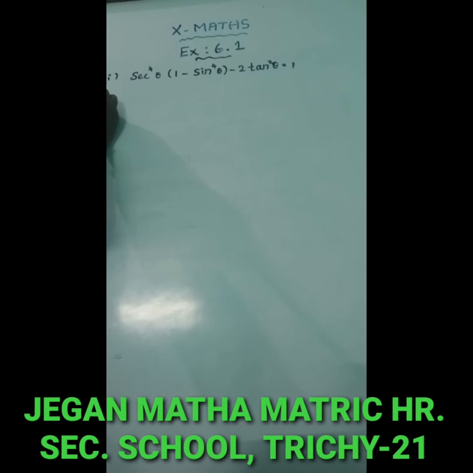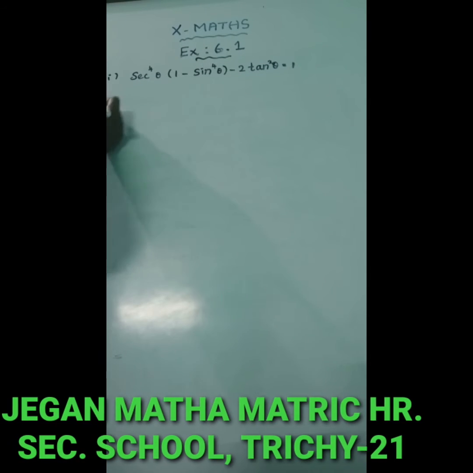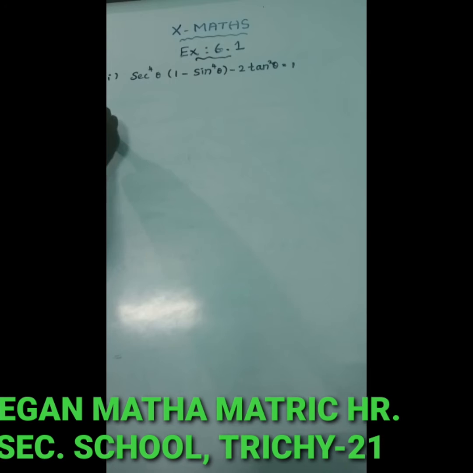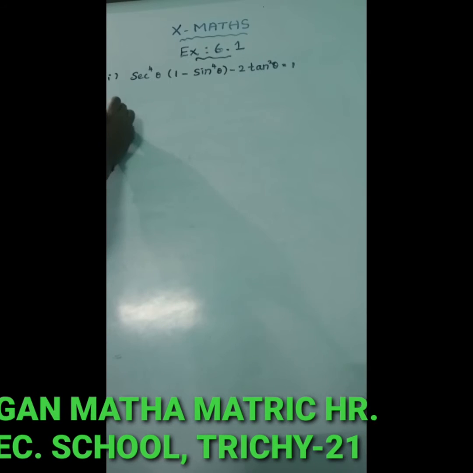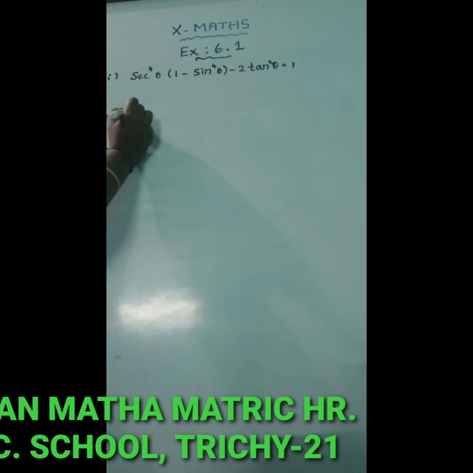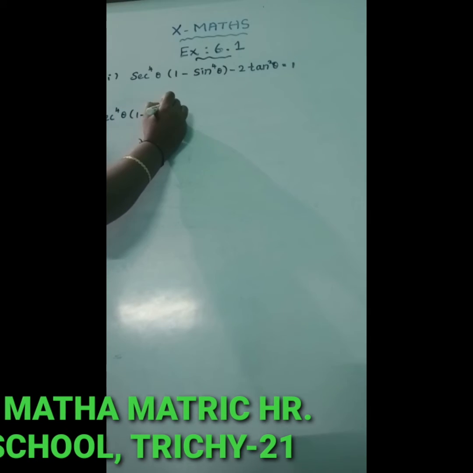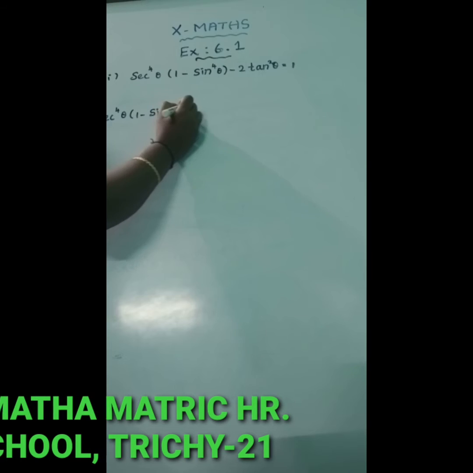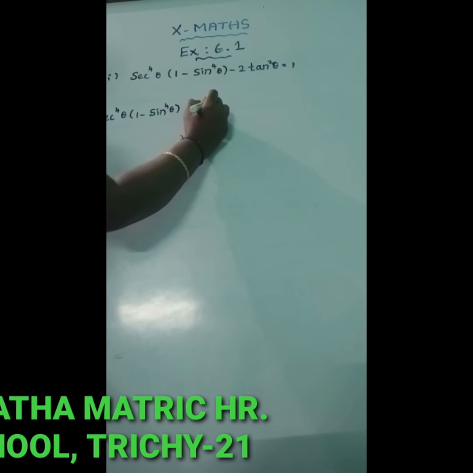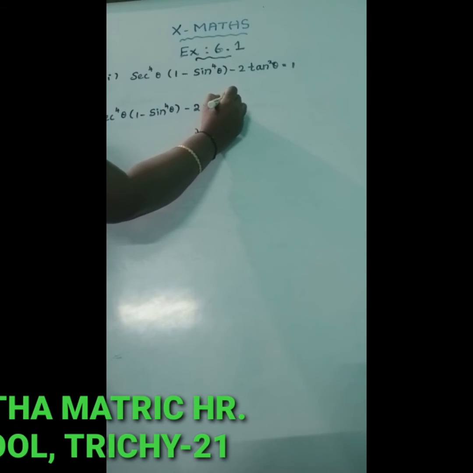So we take the left hand side. Left hand side is secant power 4 theta multiplied with 1 minus sin power 4 theta minus 2 tan square theta.